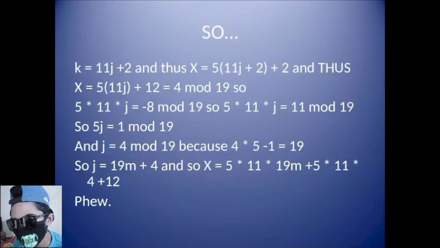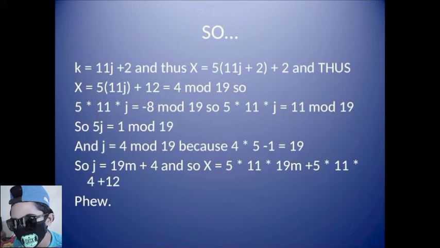So k equals 11g plus 2, and thus x equals 5 times the quantity 11g plus 2, plus 2, which gives x equals 55g plus 12, equal to 4 mod 19. So 5 times 11 times g is equal to negative 8 mod 19, so 5 times 11 times g equals 11 mod 19.